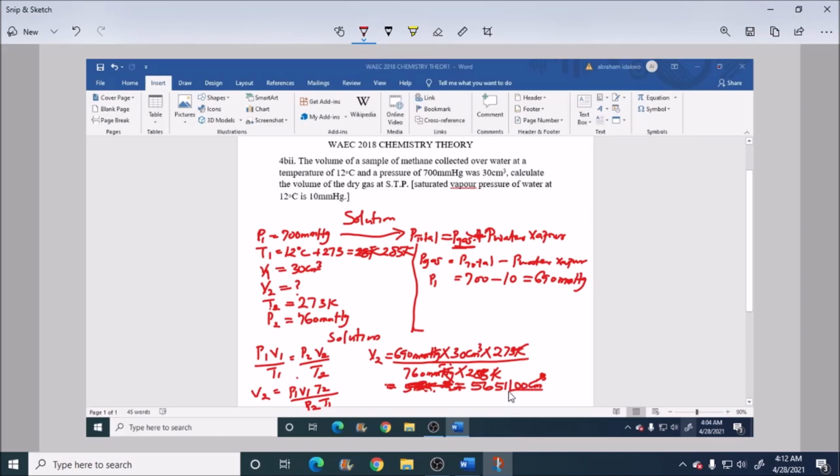That is the remaining unit for the numerator part, all over 216,600. Then when we divide the two together, we are going to have 26.09 centimeter cube. So that is what we are asked to calculate. That is the volume 2 we are asked to calculate. So the V2 here is 26.09.